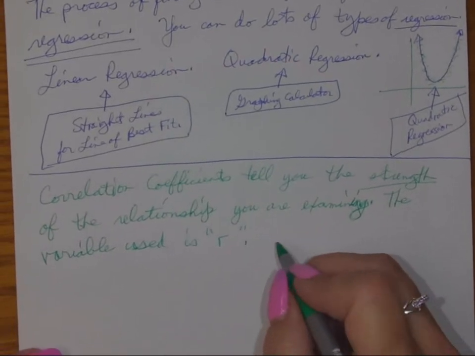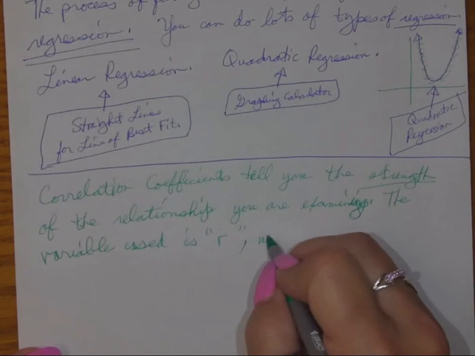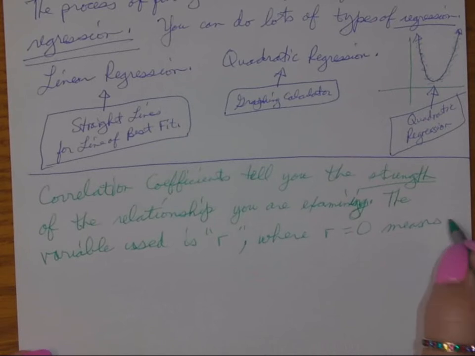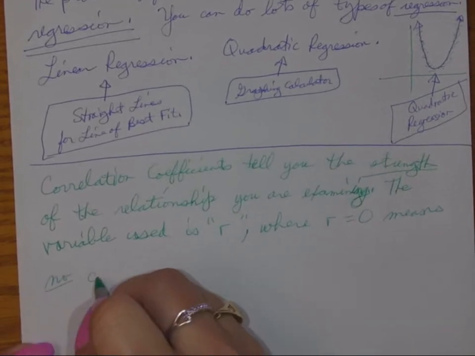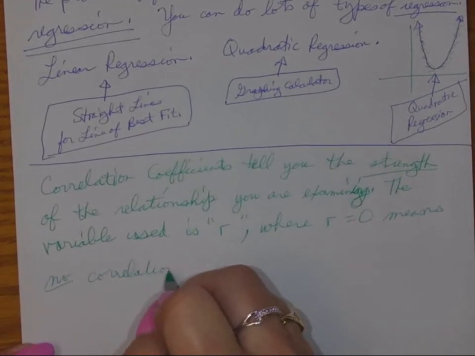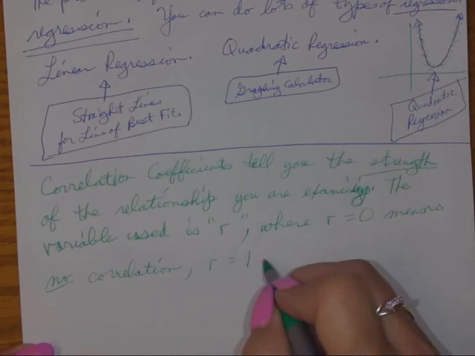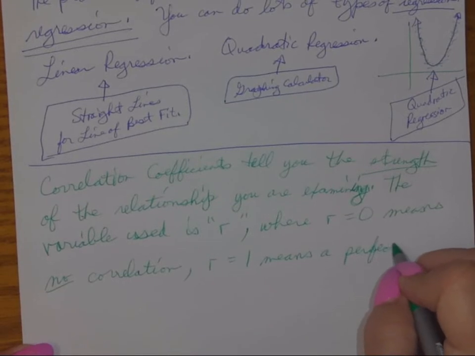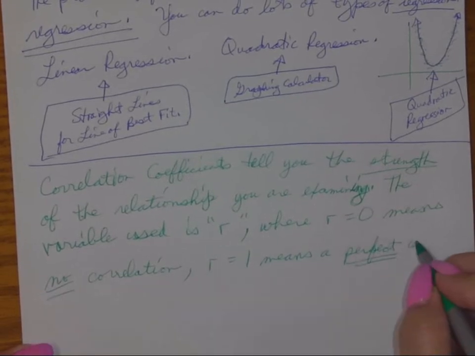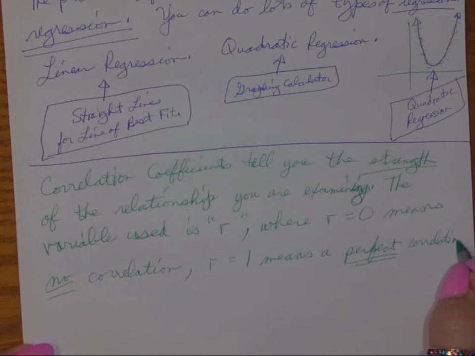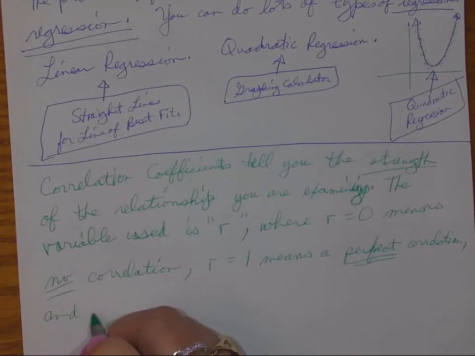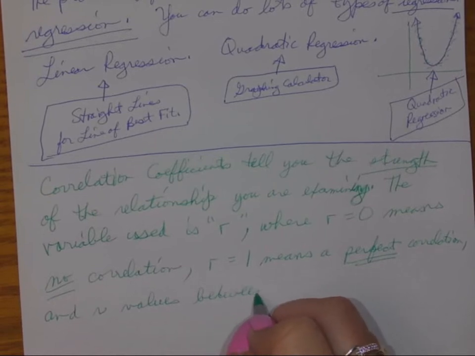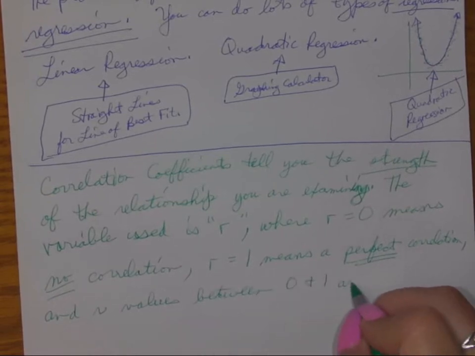Where r equals 0 means there is no correlation. r equals 1 means there's a perfect correlation. And r values between 0 and 1 are somewhere in between.